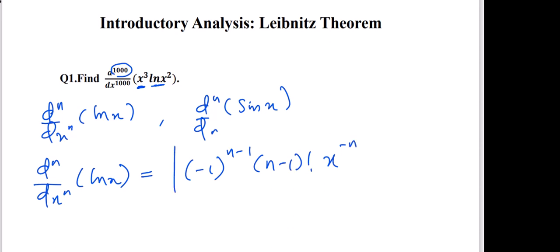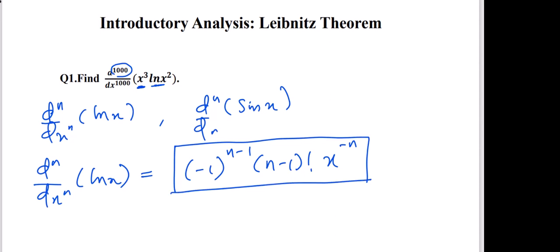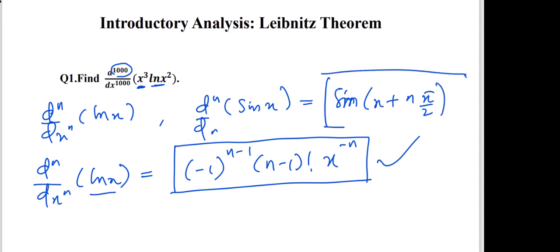So this is the general formula for differentiating the logarithmic function any number of times. So you just have to keep this one in your mind. And for the sine function, this one is equals to sine of x plus n pi over 2, like this. This is the higher derivative for the sine function. But for now, we'll be looking at this based on the example we are having over here.